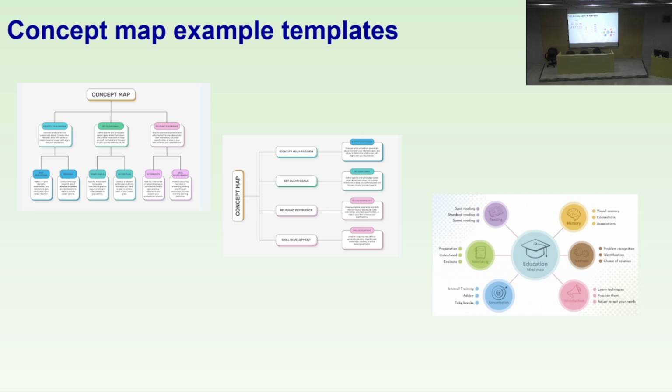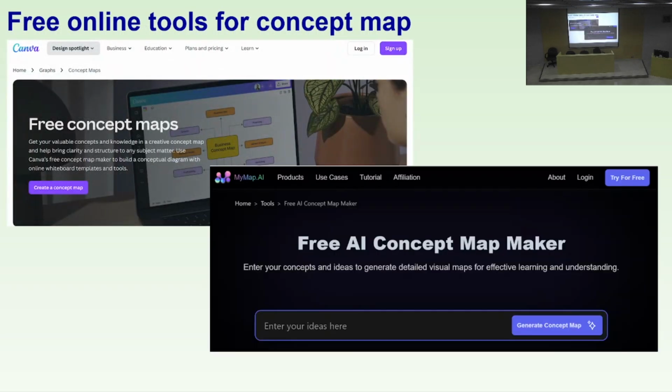It's up to you. You can use a ready-made template, and there are some online platforms which offer free templates. But the problem with free templates is you cannot edit them in a very fine manner, and probably you can use them only once or twice. There is some limitation: 2 concept maps per week, 3 per week.